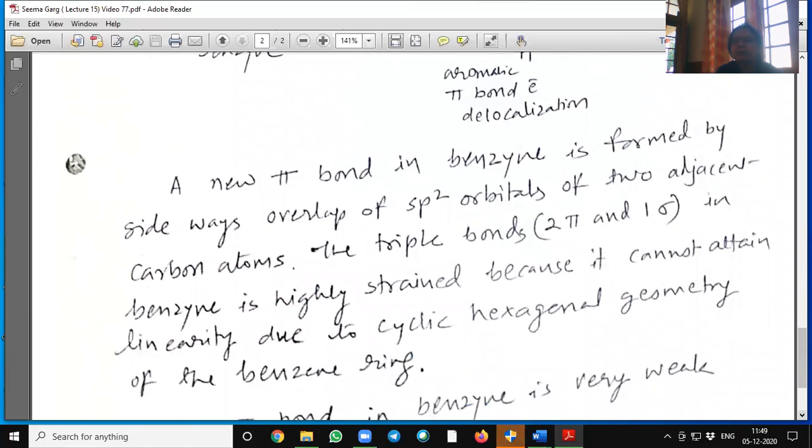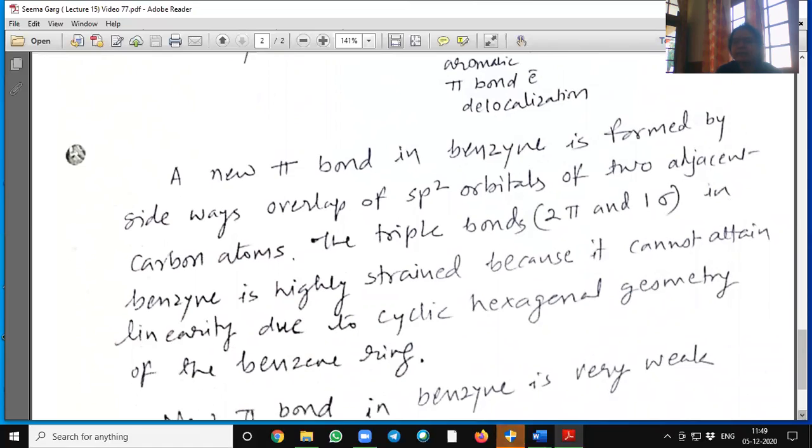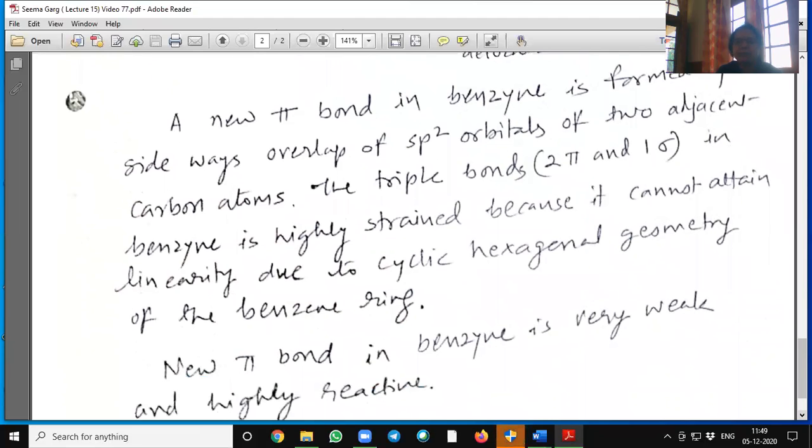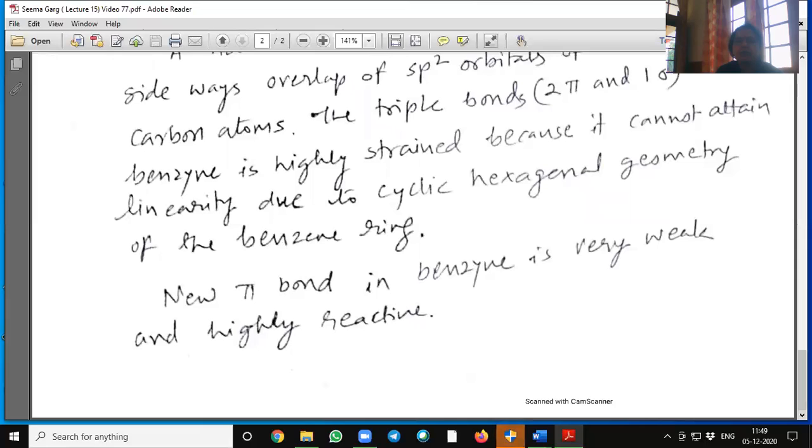The triple bond, that is, having 2 pi and 1 sigma, is highly strained because it cannot attain linearity due to the cyclic hexagonal geometry of the benzene ring. The new pi bond is very weak and highly reactive.